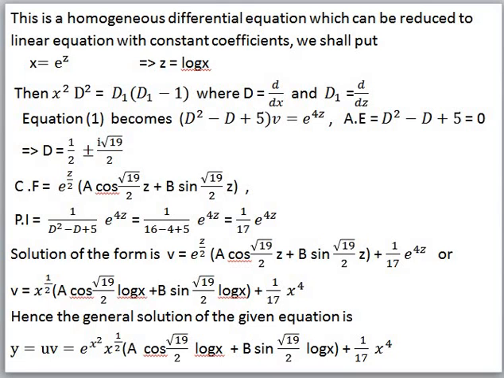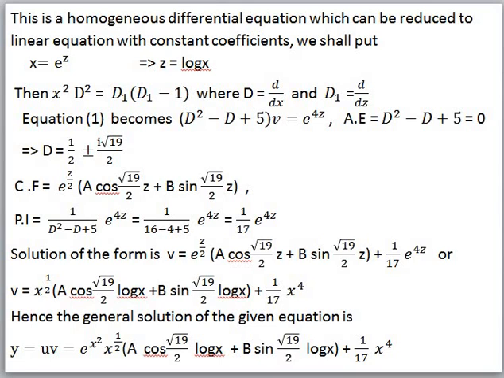Replace D by 4: 4² is 16, 16 minus 4 plus 5, which is 17, so it is e^(4z)/17.